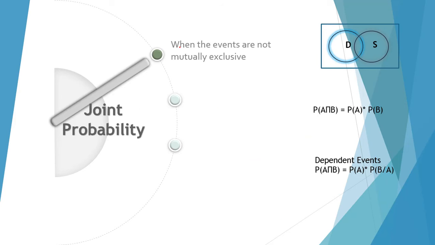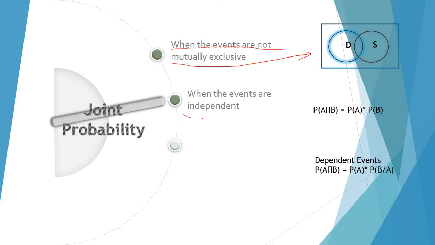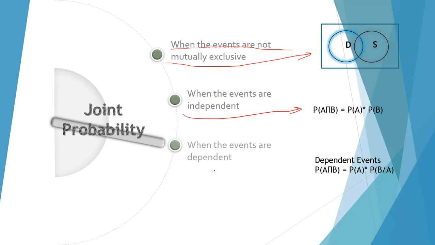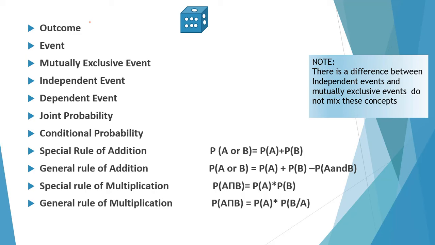You have seen different shades of joint probability: when the events are not mutually exclusive, when the events are independent, and when the events are dependent, in which we have seen the role of conditional probability. So we have learned these terminologies related to probability. You must know the difference between outcome and event.